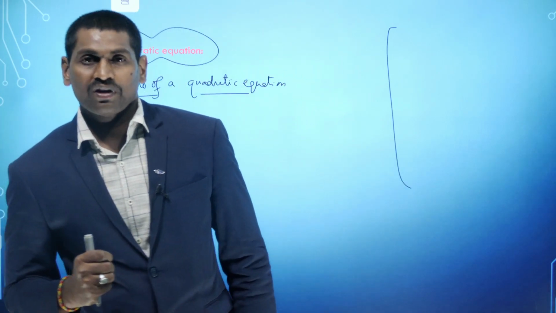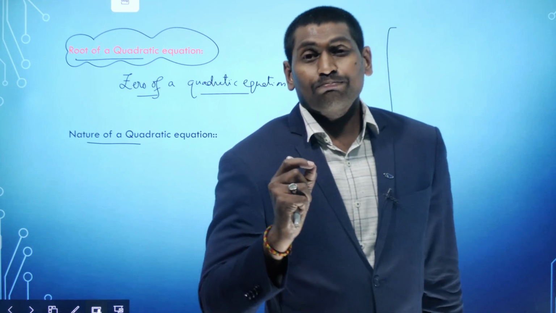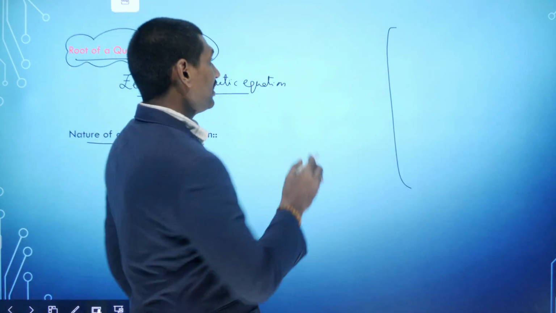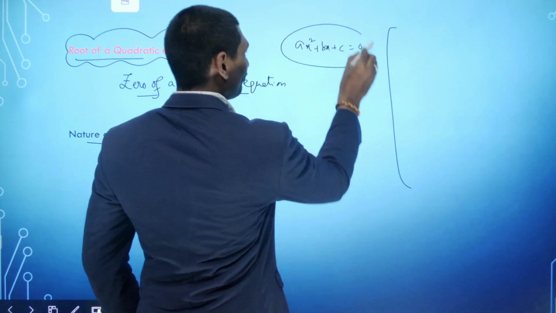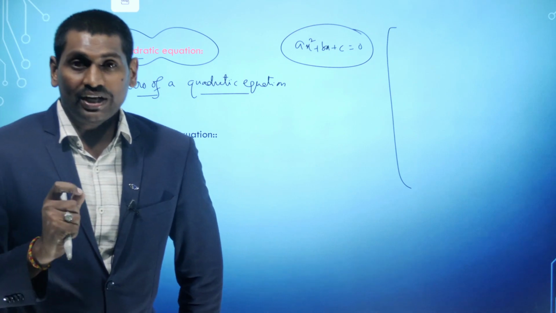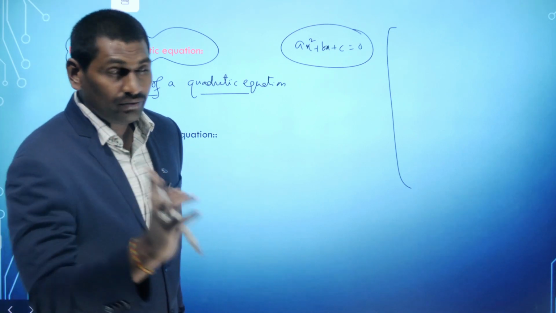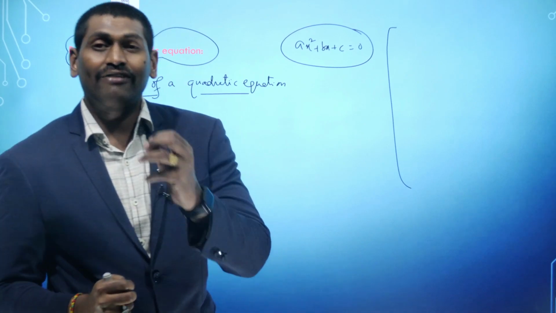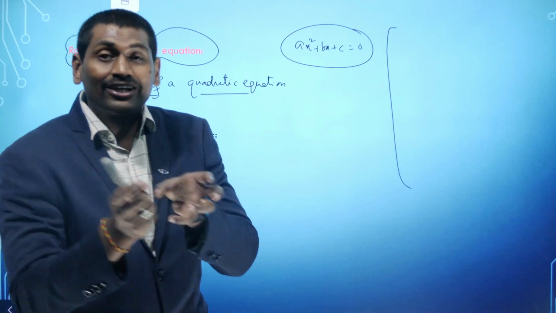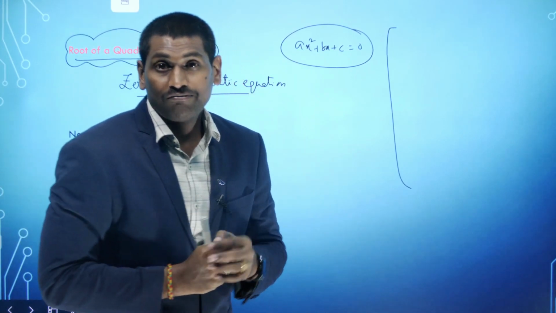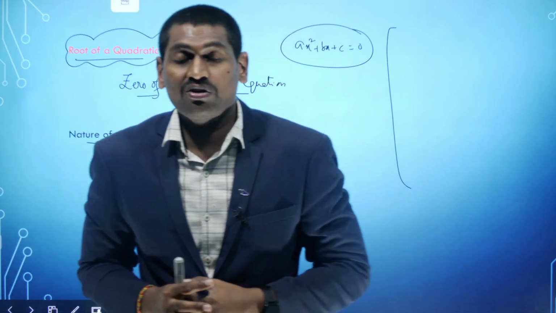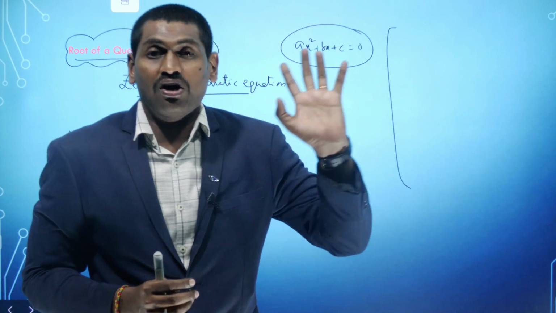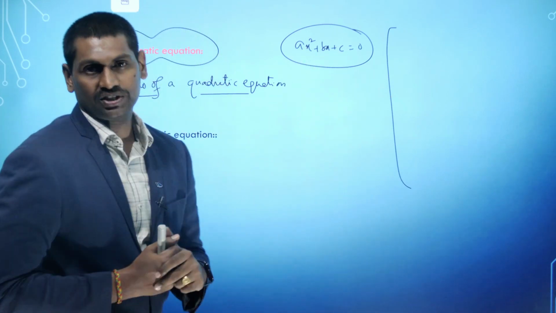For example, in the general form ax square plus bx plus c equals 0, the variable is x. In the quadratic equation in the variable x, if you take any value in the place of x, definitely for certain values the given quadratic expression becomes 0. Such a value is called a root of a quadratic equation or a zero of a quadratic equation.